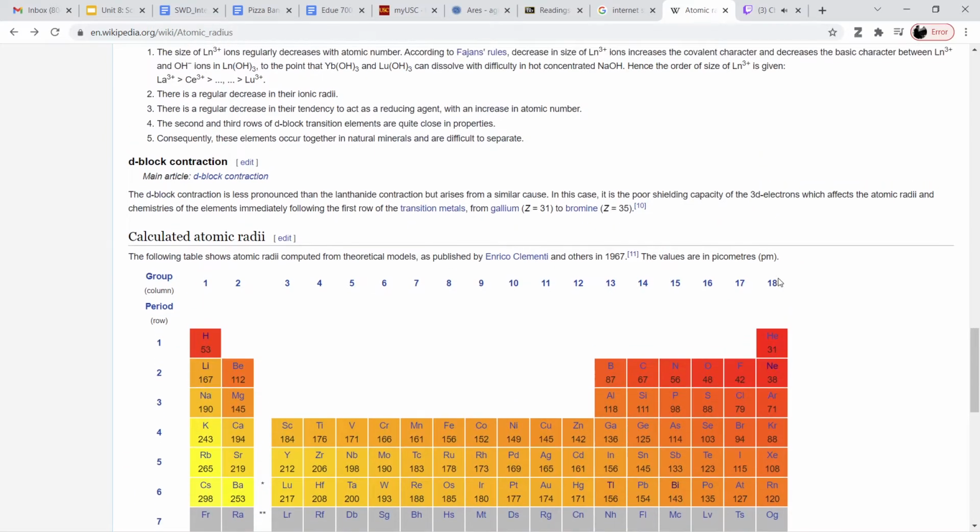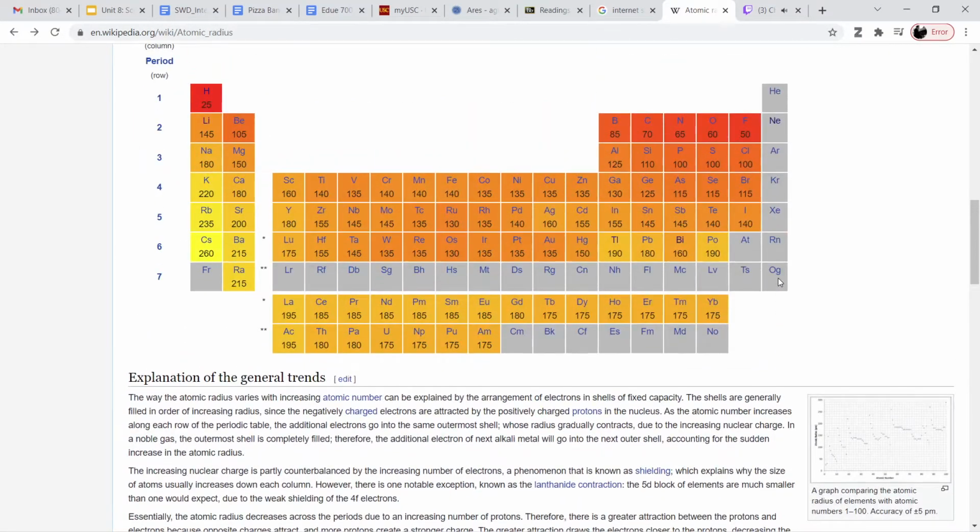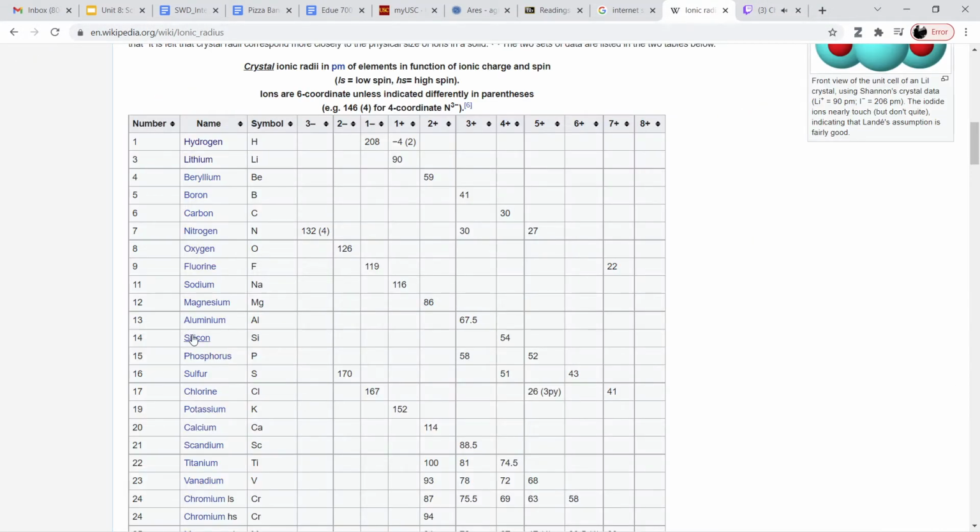Oh, because these are not bonding radii. Oh, I'm sorry, did I show us the wrong one? Okay, well, whatever. If we take a look at the ionic radius of these, we see sodium has plummeted down to 116. And where's chlorine? 167 is its new radius.